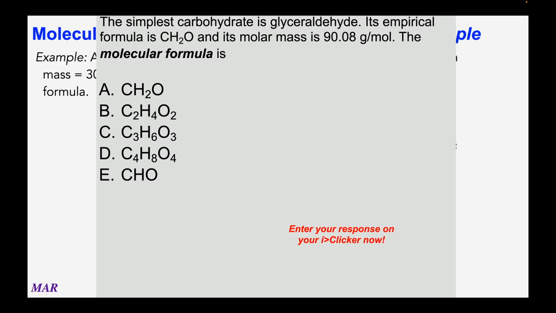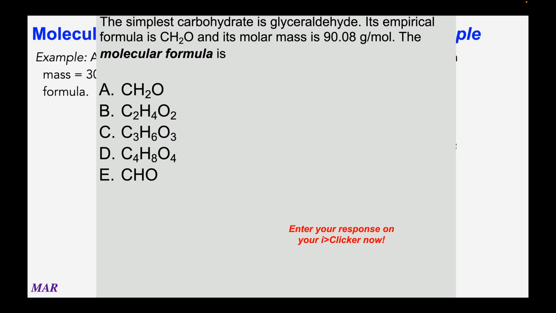If you add up 1 C, 2 H's, and 1 O, it's 1 times 12 for carbon, plus 2 times 1 for hydrogen, plus 1 times 16 for oxygen. Again, you can use cheesy sig figs here because that ratio is always going to be a whole number. So 12 plus 2 plus 16 comes out to 30 grams per mole.